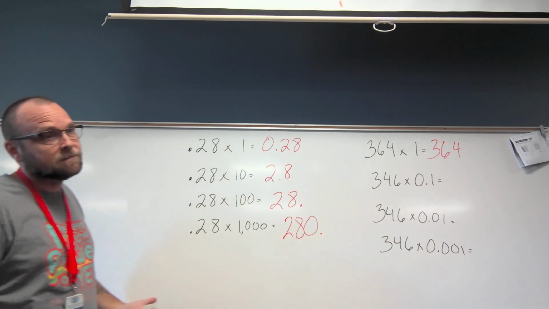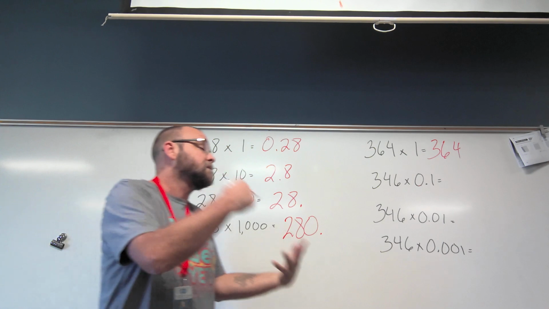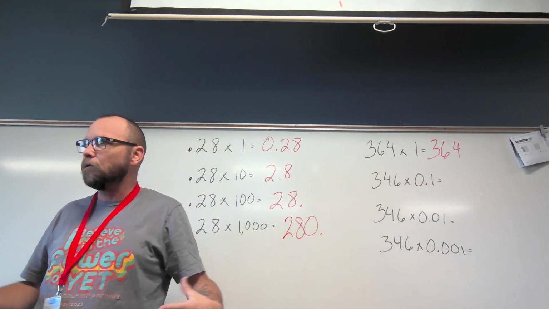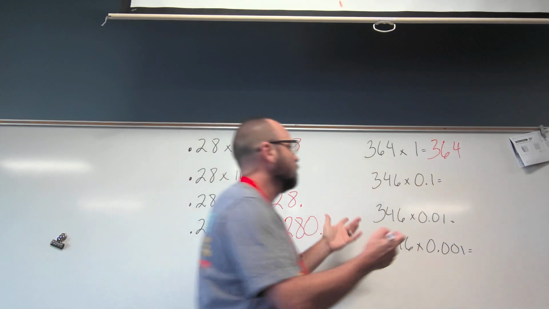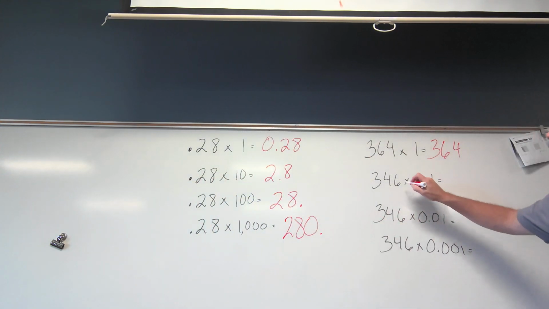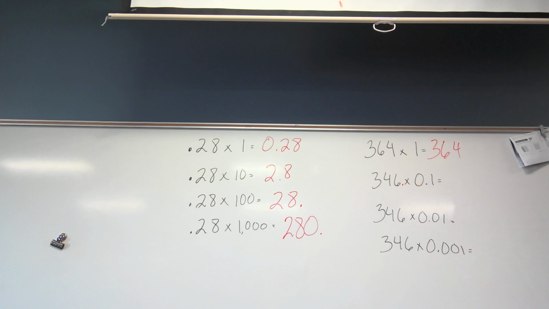The tenths place is 1/10 of the ones place, so we're doing the opposite. There is a decimal point in the number 346, because it's always behind the ones place. We move it to the left, and we get 34 6/10.